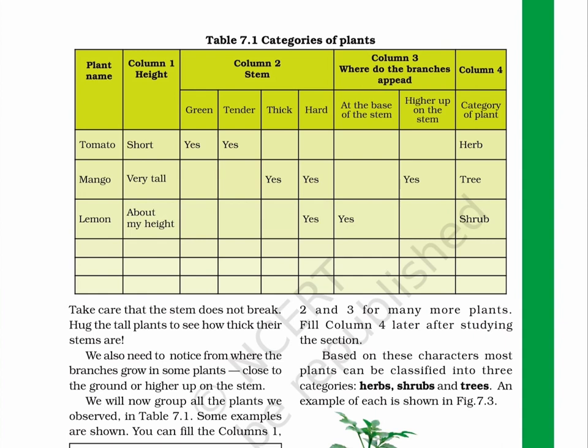Tomato, height short. Green, yes. Tender, yes. Category of plant, herb. Mango, height very tall. Thick, yes. Hard, yes.